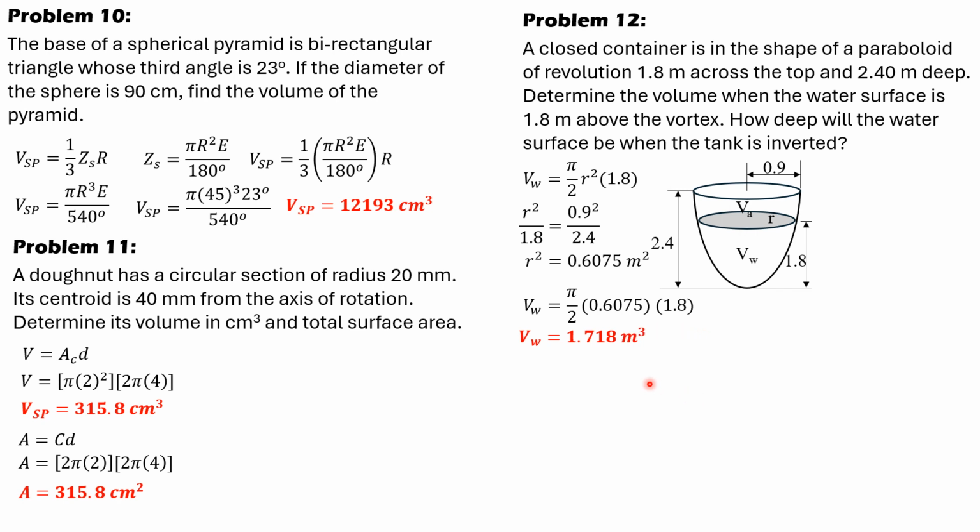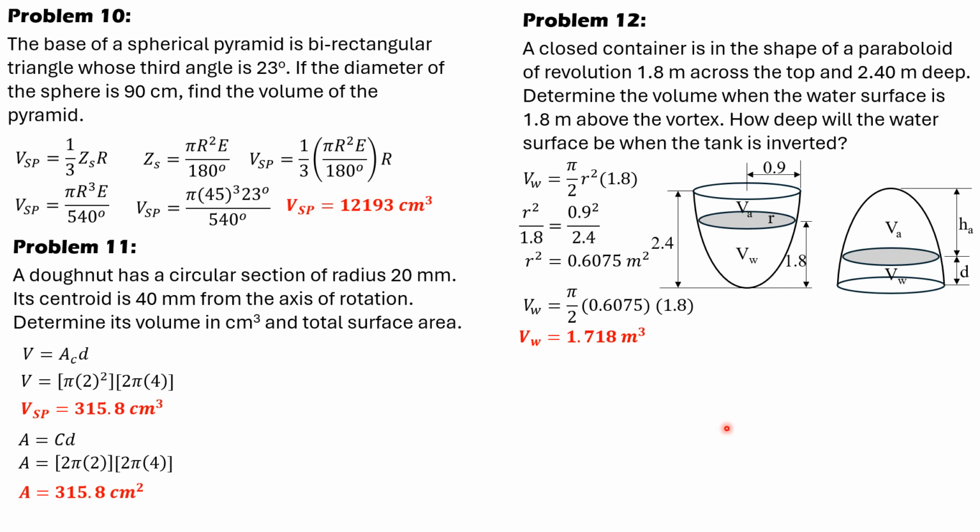Therefore, the volume of air is the volume of the tank, pi over 2 times 0.9 squared times 2.4, minus the volume of water. So that's the inverted position. We're looking for D, and to solve for D, we need H_A, but we need the volume of air first.